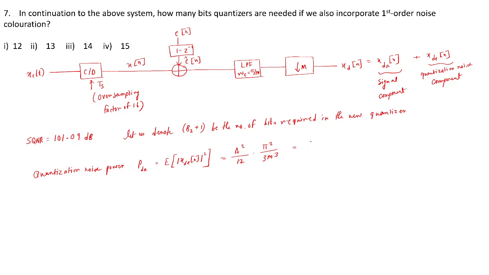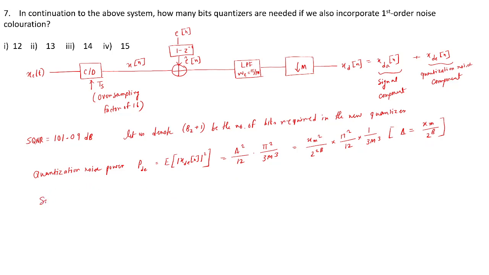Where you can write delta as x_m by 2 to the power B, which leads to x_m square by 2 to the power 2B times pi square by 12 into 1 by 3 M cube. This we obtain by replacing the step size delta as maximum amplitude x_m by number of levels. Of course the number of levels is 2 to the power B plus 1, but also your range is 2 times x_m, so that cancels out each other, so nothing much there.